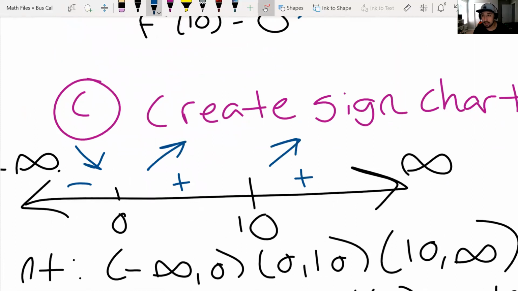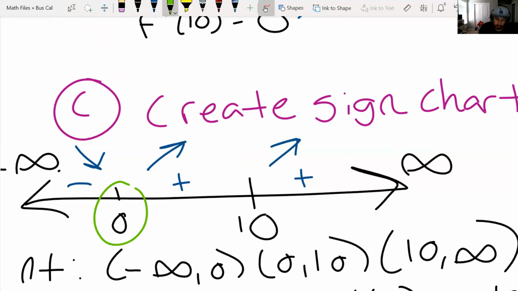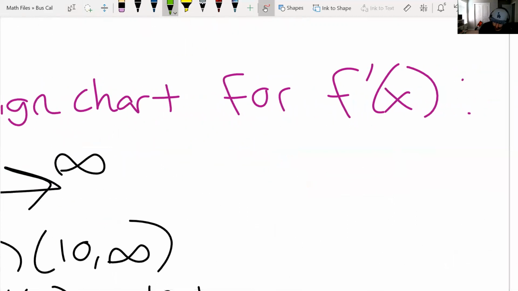So if we're looking for max and mins, will we look for a sign change? So the first number to look at is 0. At 0, we decrease and then we increase, which means 0 will be a local minimum. So I'll say x equals 0 is a min.